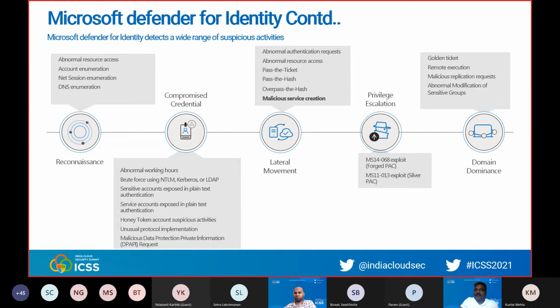Recently, it was viral, and a lot of attackers were exploiting the print spooler services. So if Microsoft updates or fixes that exploit, then Microsoft Defender is updated now with that. So these are the benefits of Microsoft Defender.